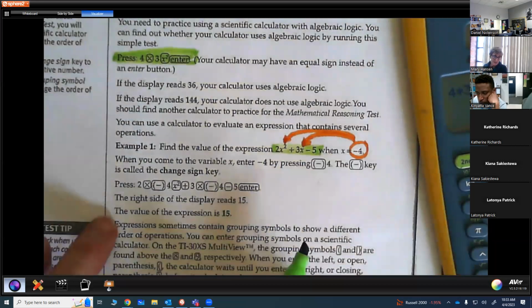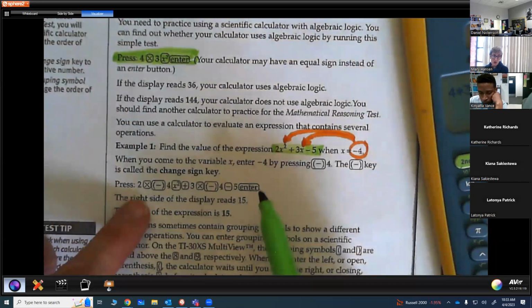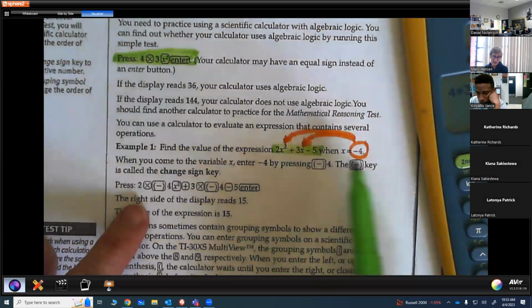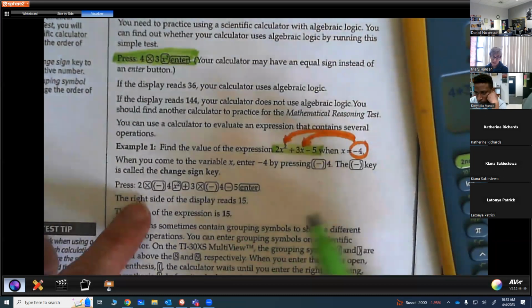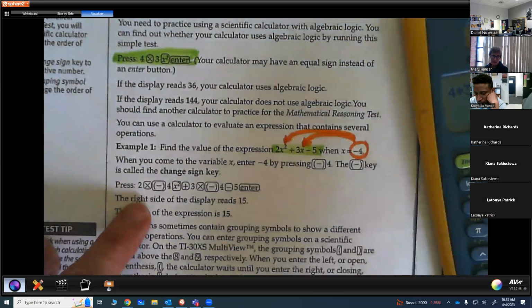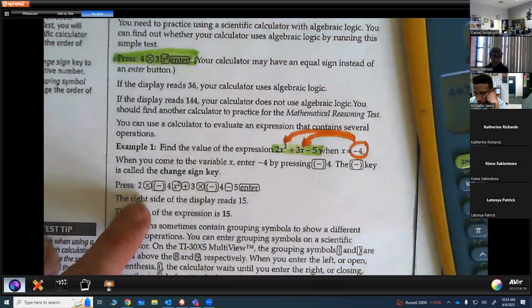We want to get to the point where we can enter these all in one long line. The reason being, again, efficiency. If we can type it all in at once, hit enter, bam, we have an answer, we're done.